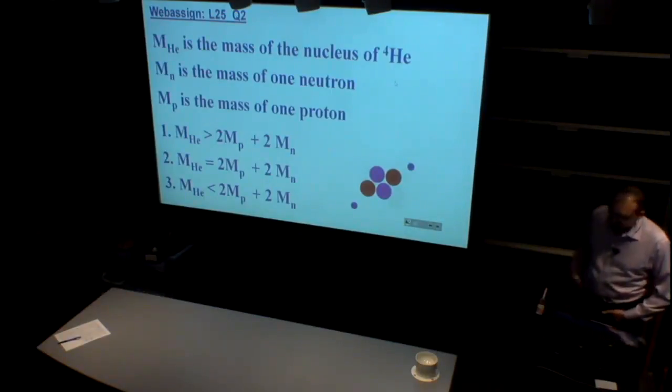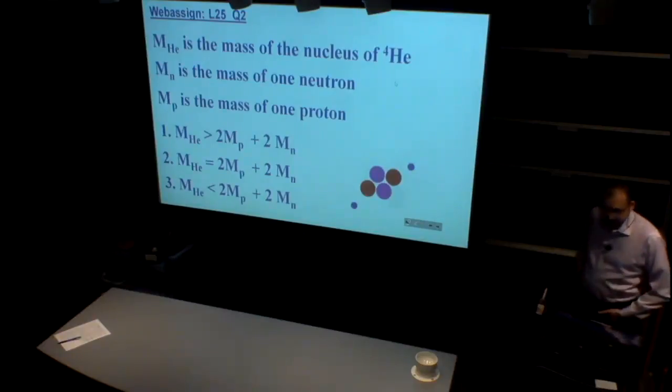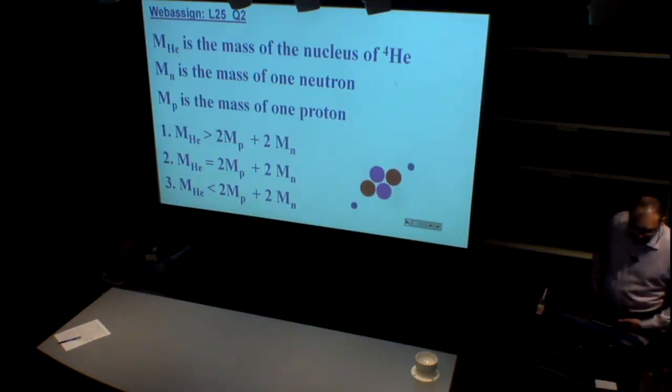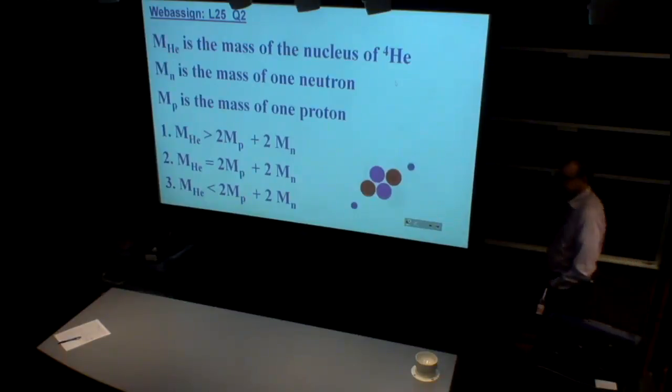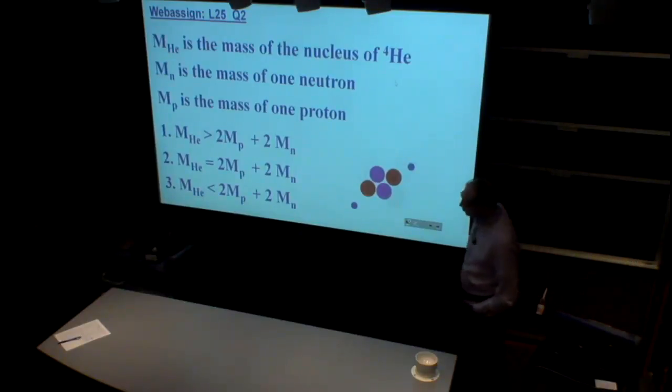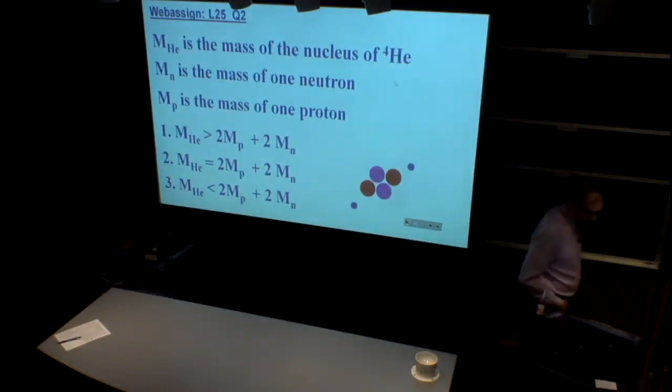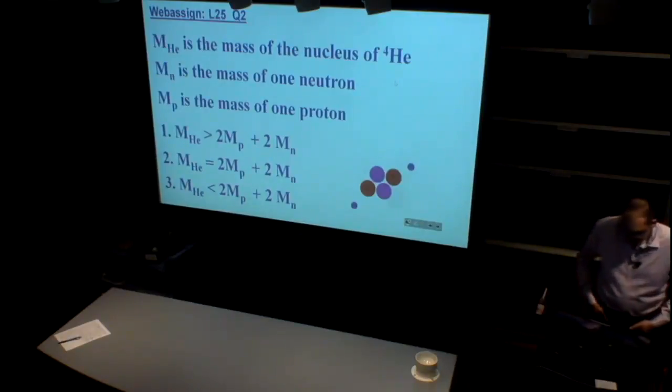Helium, the second element in the periodic table. Helium-4 specifically is a stable isotope. It has 2 protons, 2 neutrons in the nucleus, and 2 electrons orbiting. So what can we do?